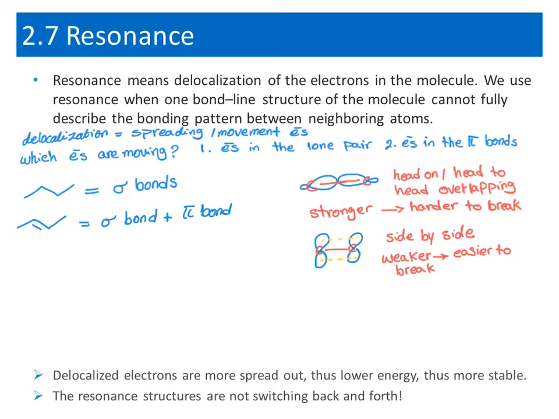And this is the reason that we can move the pi bonds while drawing resonance structures, because a pi bond is easier to move. It's weaker than a sigma bond. It is the same story when we have an alkyne. An alkyne is linear, we know that. An alkyne has a sigma bond and two pi bonds.